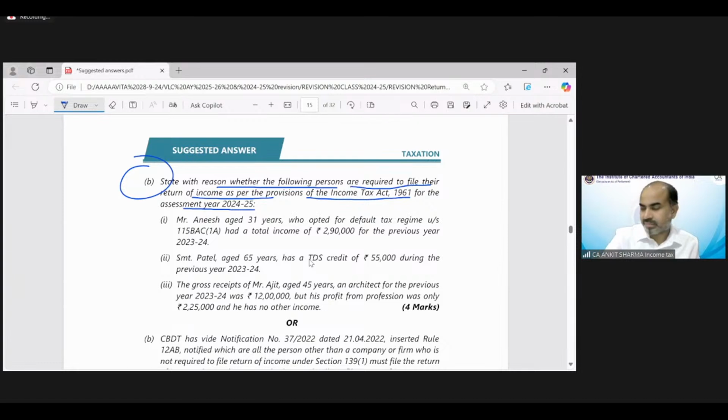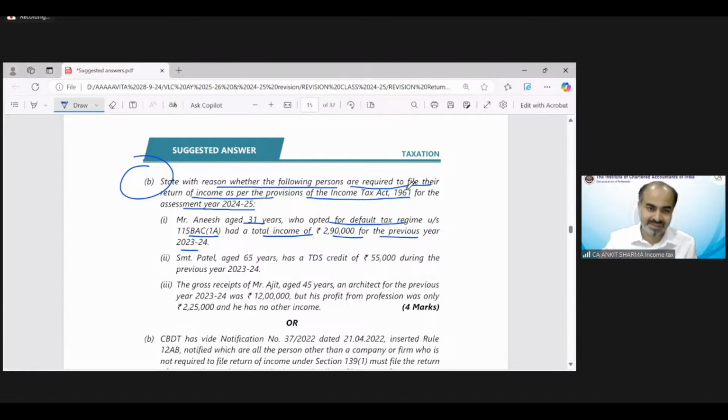First one. Mr. Anish, age 31 years, who opted for the default tax regime under section 115BAC, had a total income of 2,90,000 for the previous year 23-24. How simple this question is.